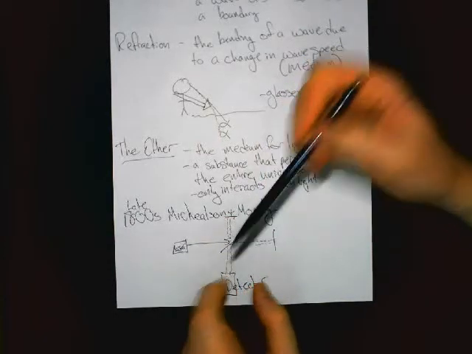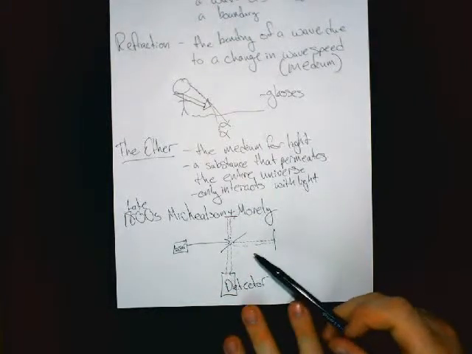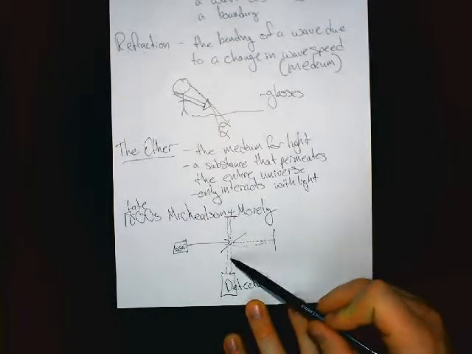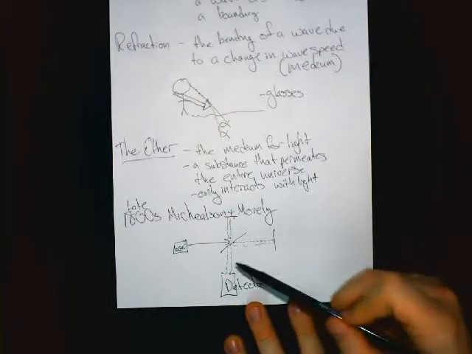Because one direction was moving the same way Earth moves through the ether, and the other was independent of it, if the Earth moves through the ether, then these distances should be different, and therefore the times it takes to get from this path versus this path shouldn't be the same.